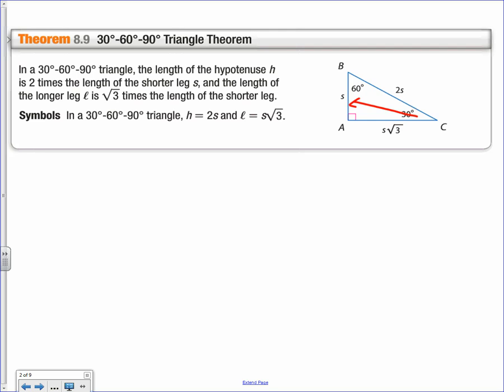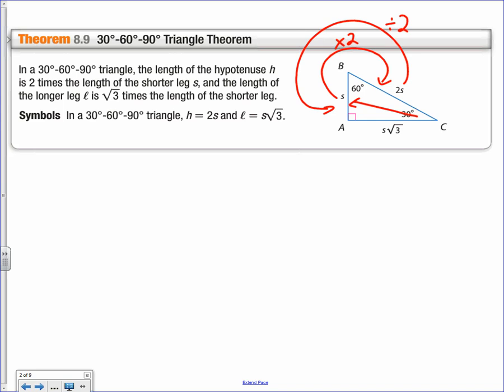So to get to the hypotenuse, to go from here to our longest side, we are going to multiply by 2. If we needed to go from the hypotenuse to the short side, we would divide by 2. Right?